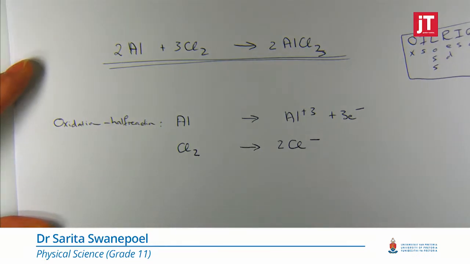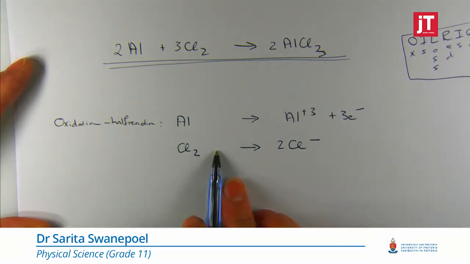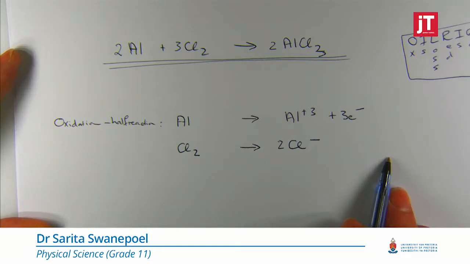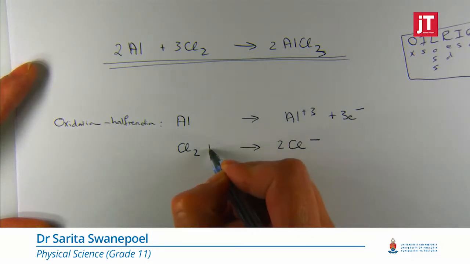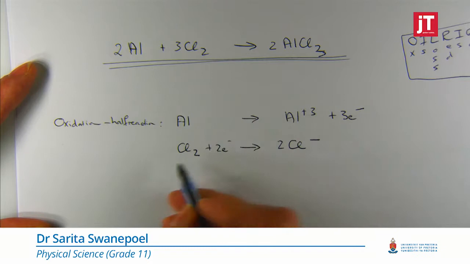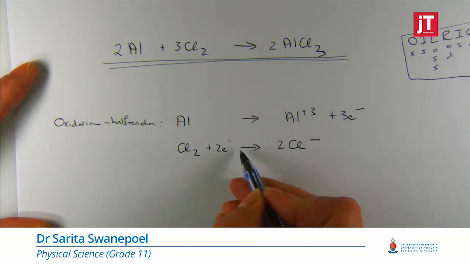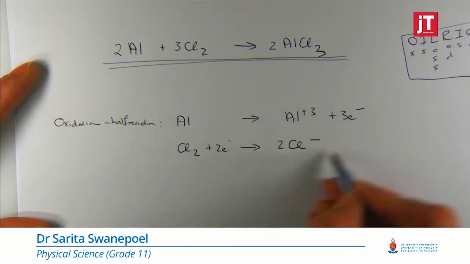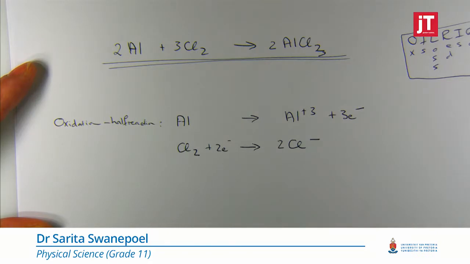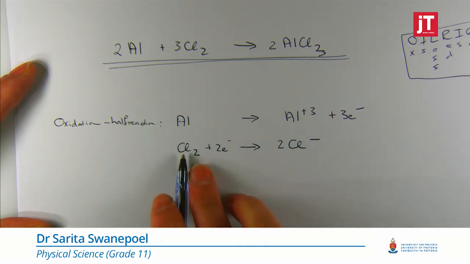So where should I put the electrons? On the left side, so that the total charge on the left side is 2-, and the total charge on the right side is also 2-. So the electrons are gained by the chlorine to become Cl-.